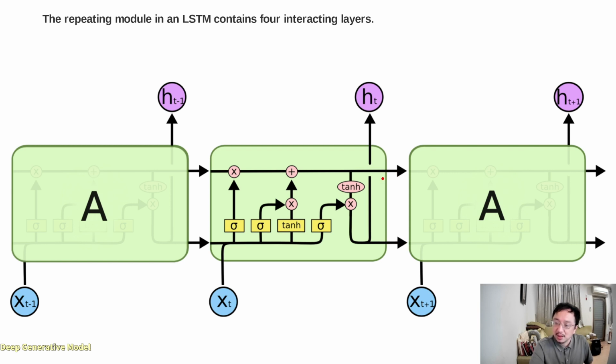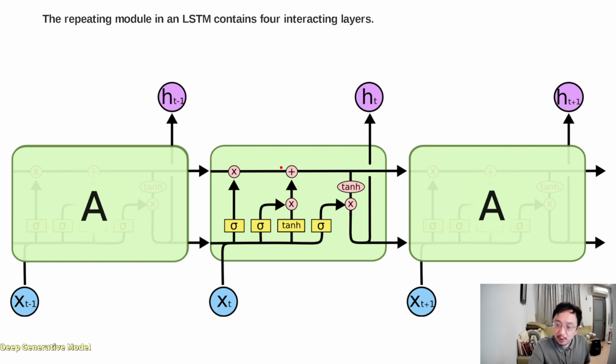We're expecting that at least for the long-term memory, the vanishing gradient issue might be solved, or at least handled differently.